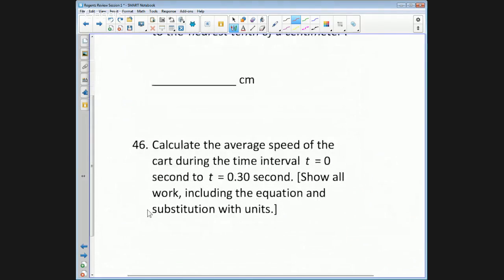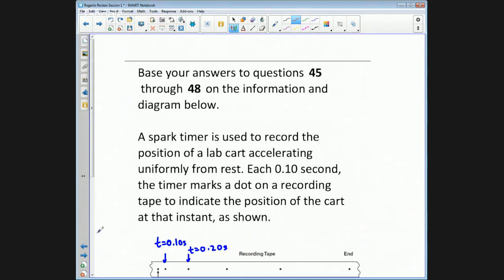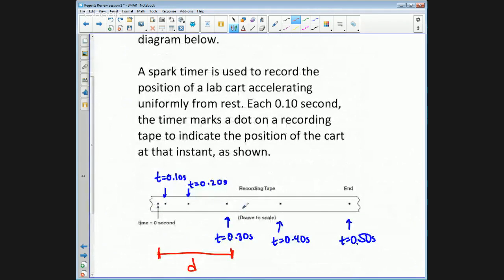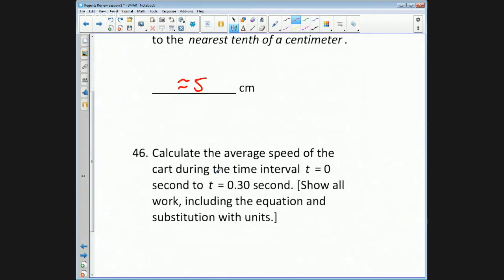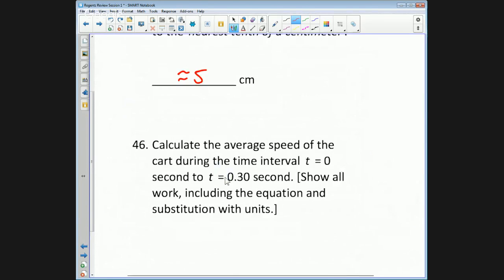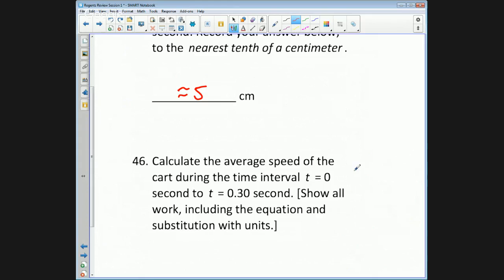And then for 46, let's say we get something like, let me estimate what this looks like. 1, 2, 3, 4, 5. Let's say we get 5 centimeters. So we get approximately 5 centimeters. It says calculate the average speed of the cart during that same time. So the average speed is distance over time.